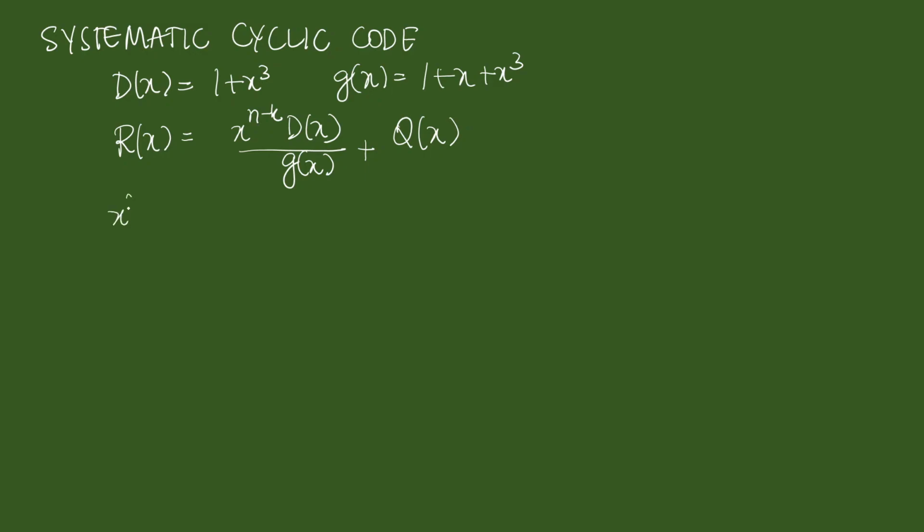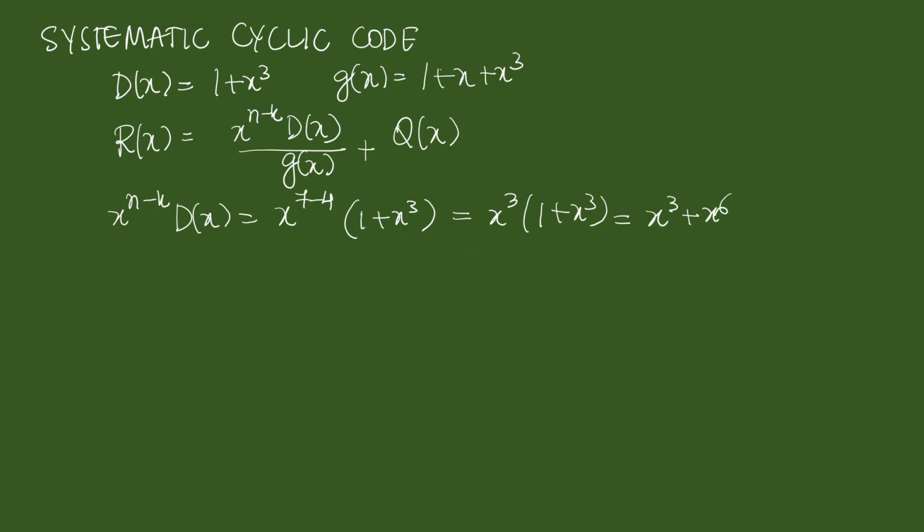So I will find x raised to n minus k into d of x, which is nothing but x raised to 7 minus 4 into 1 plus x cube. This leads to x cube into 1 plus x cube, which is equal to x cube plus x raised to 6. Now what we need to do is divide the sequence by g of x, so we will do the polynomial division. g of x is x cube plus x plus 1.